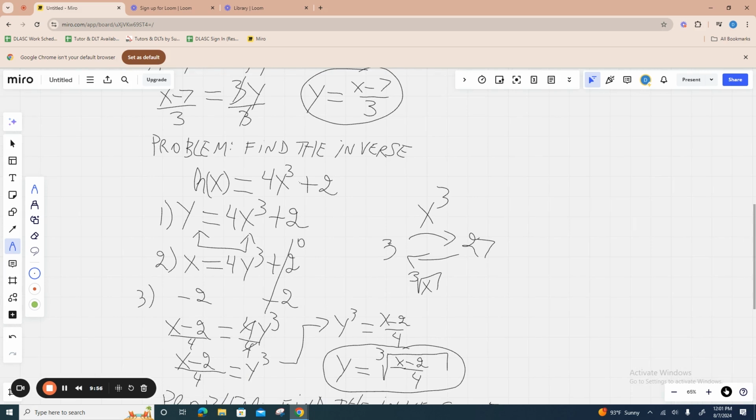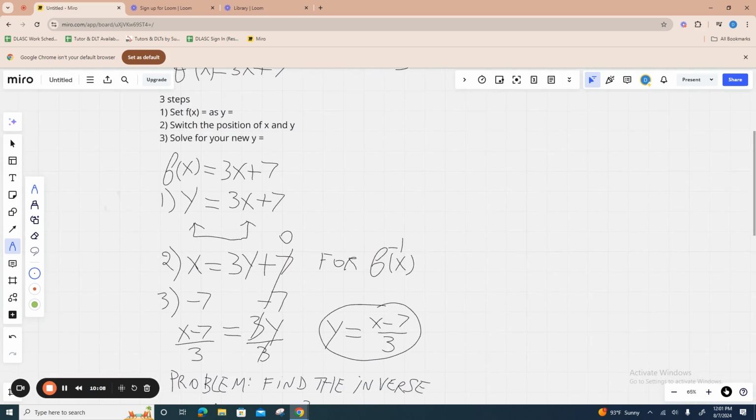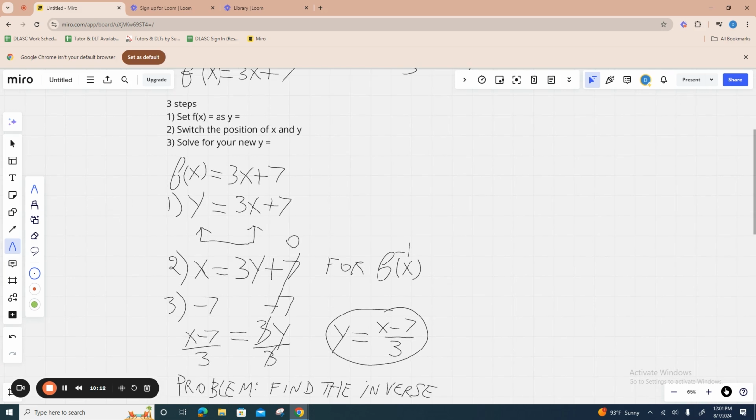And then we worked the problem to find a y equals until we got to a y equals. So it's the same strategy to find algebraically an equation, right? That's a linear equation here, 3x plus 7, and that gave me a linear equation, x minus 7 over 3, doing the same strategy.